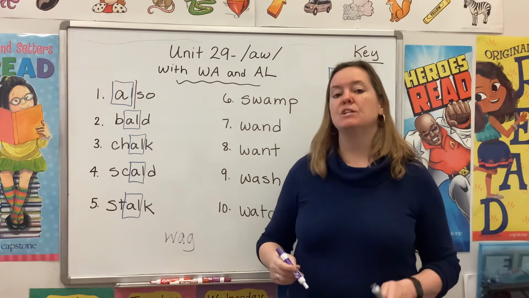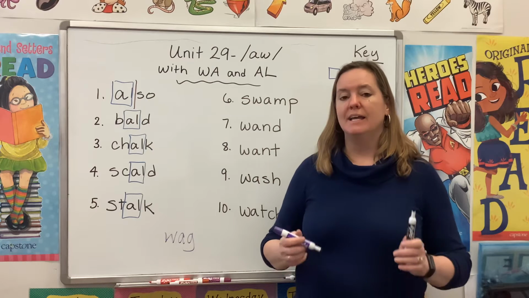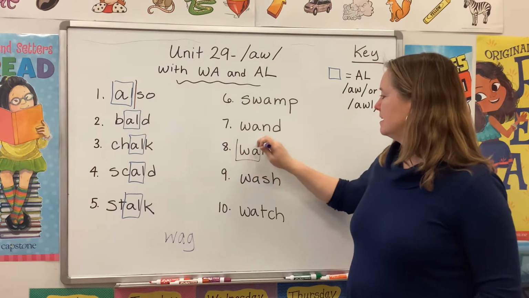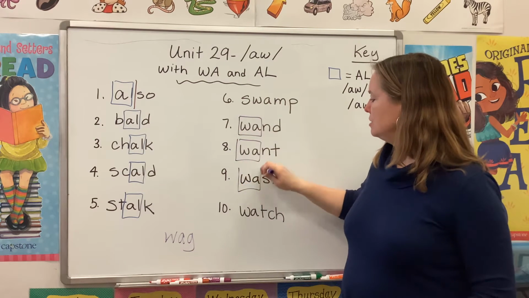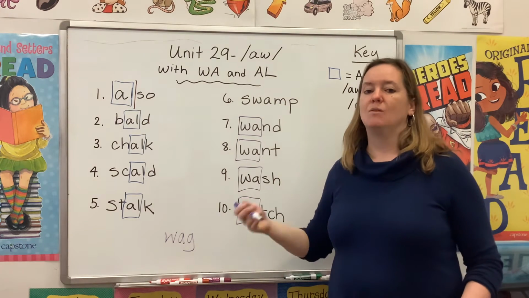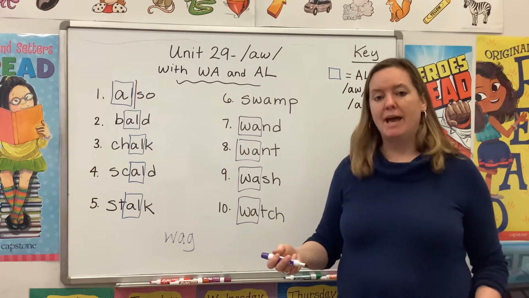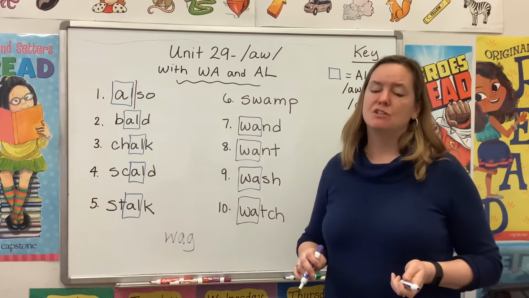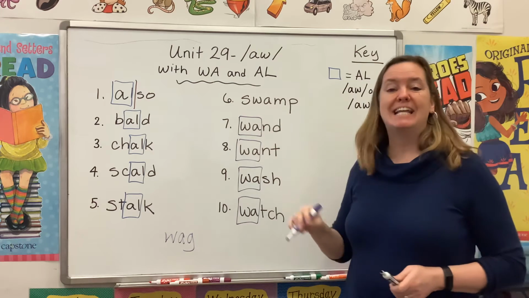But in our language, WA usually says wah in words like want and wand, wash and watch, wall and walk and wallet and water. Okay, so when you see WA, the first sound I want you to try is wah, even if it has an S before it.